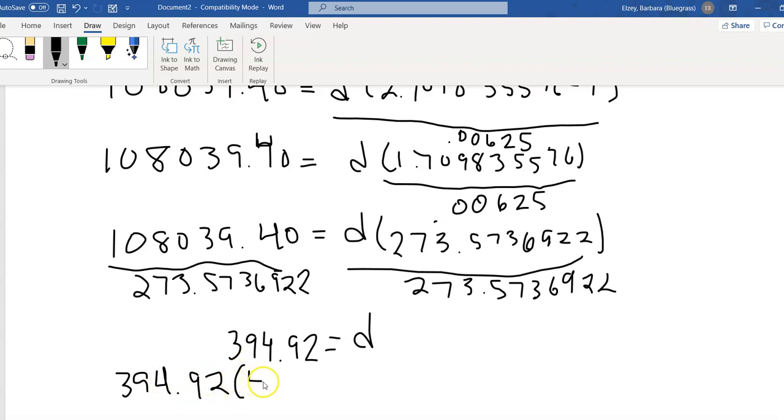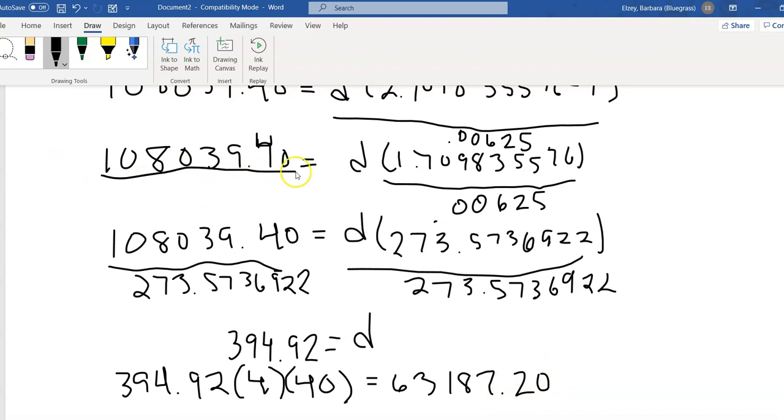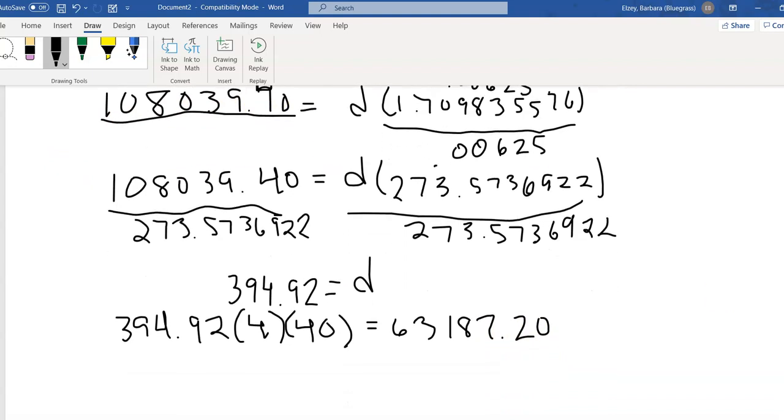She's paying it 4 times a year, and she's doing that for 40 years. So she's going to end up putting $63,187.20 in the bank. However, let's remember that this is how much she's going to have at the end of that 40 years. So the interest is quite substantial.